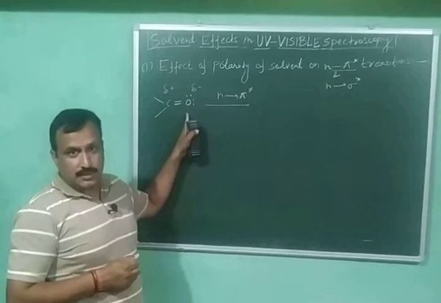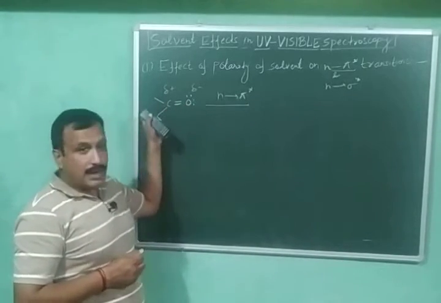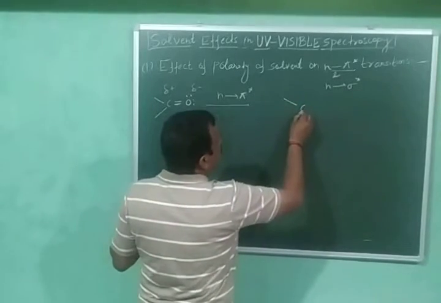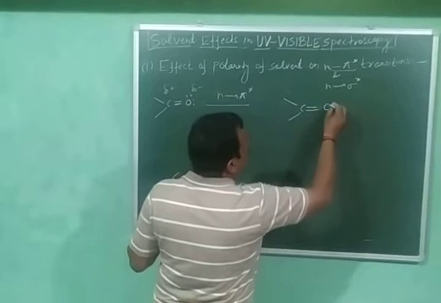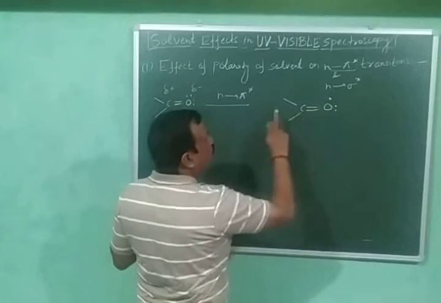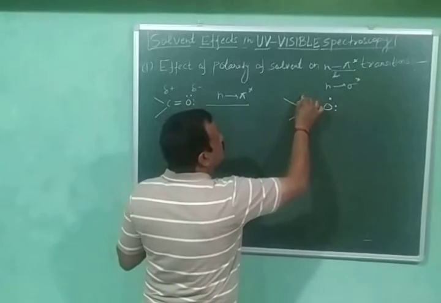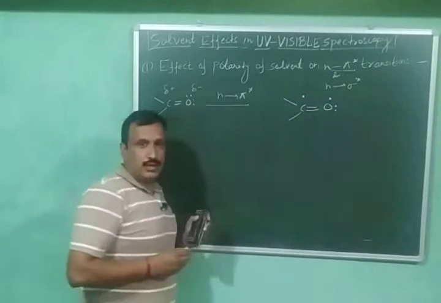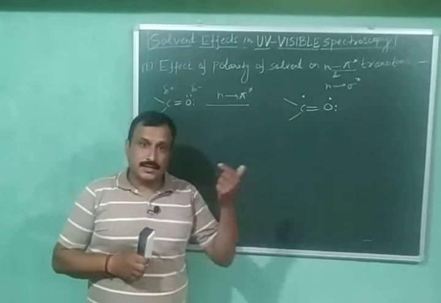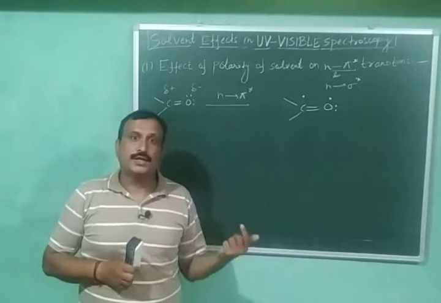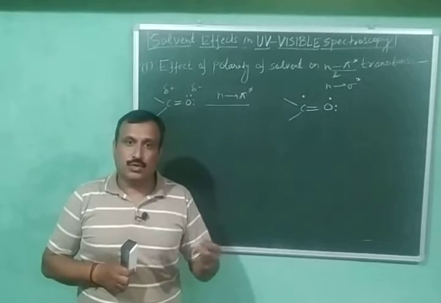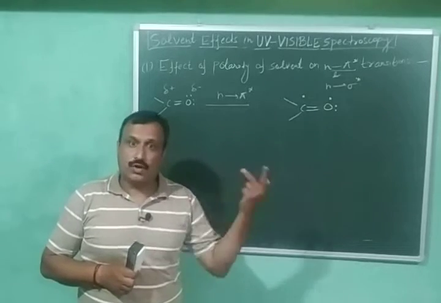Okay. And after the excitation of a non-bonding electron present on oxygen to the anti-bonding pi star molecular orbital, here we have excited one of the non-bonding electrons to the pi star anti-bonding molecular orbital. You can clearly see that after the excitation of this non-bonding electron, the negative charge on the oxygen atom will decrease because one electron has moved away from it.